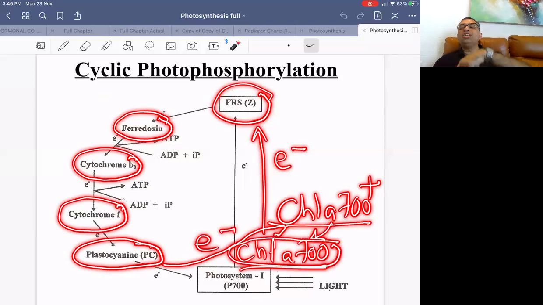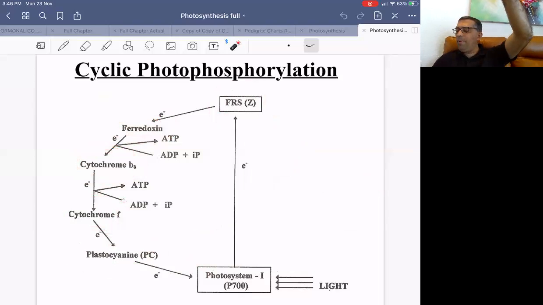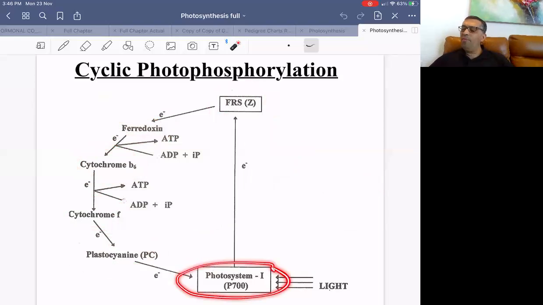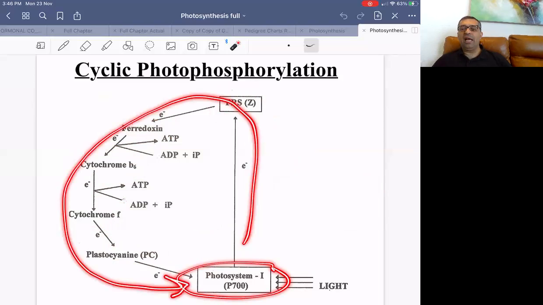So electron जाता है from PS1 और घूम फिर के वापस आ जाता है.